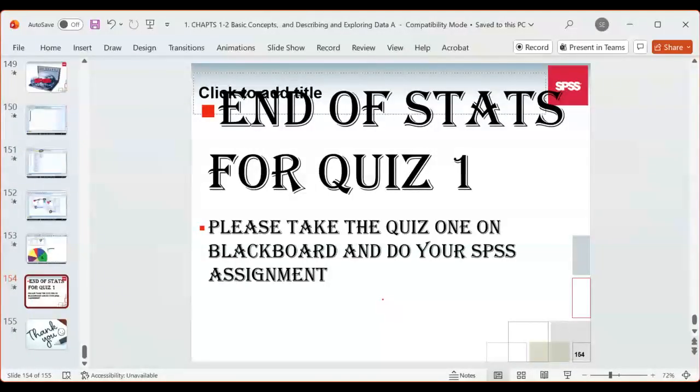There's no exact deadline for this, but the sooner you do it, the better. But you must do all the quizzes and the SPSS assignments before you take the midterm exam, which is coming in about 7 or 8 weeks. So it's good to stay on top so we can move forward together.